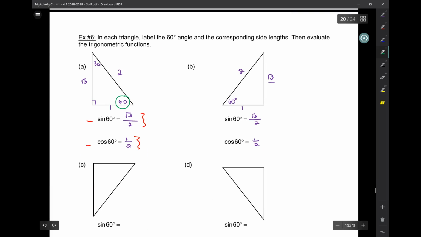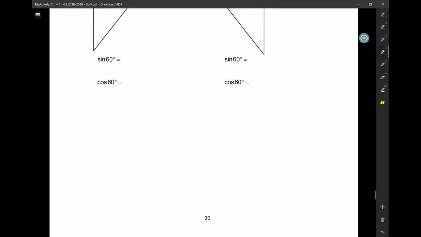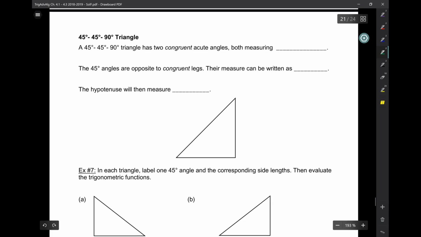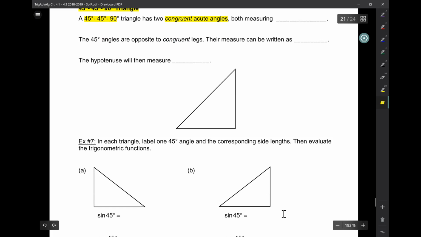Bigger angle, bigger value of sine. We're going to revisit that in a little bit. Okay. Let's do the 45, 45, 90. The 45, 45, 90 has two congruent acute angles. 45, 45, 90.